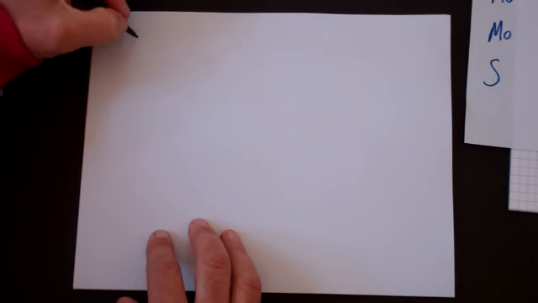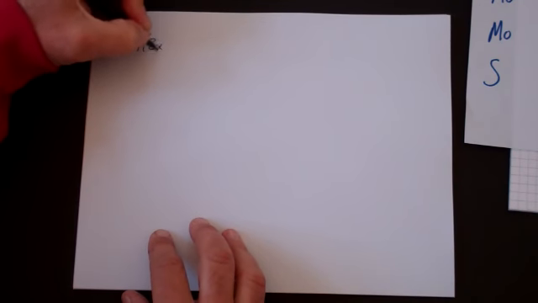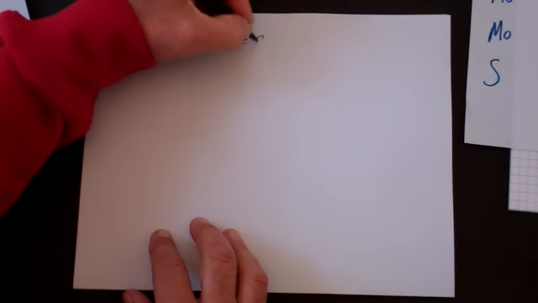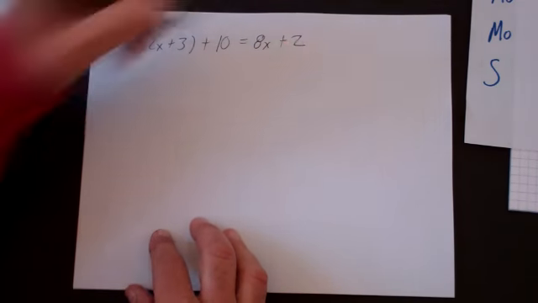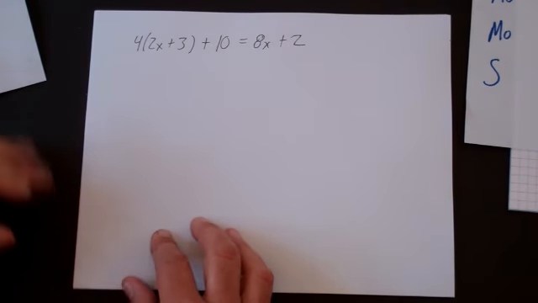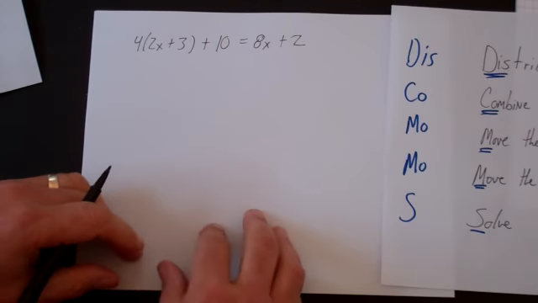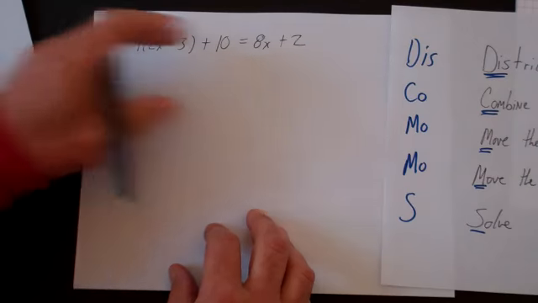The third type of problem might be a little more complicated. This is where the disco move moves kind of gets useful because you can think about what to do first. Well, the very first thing to do here is to distribute.